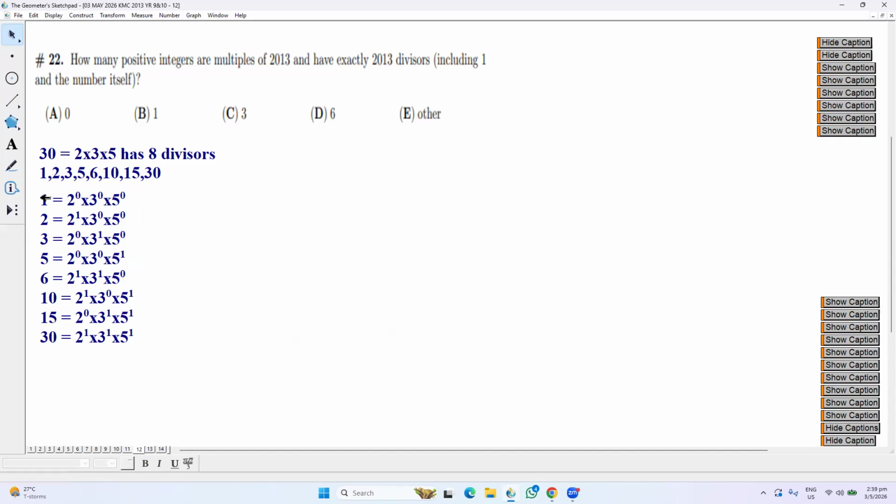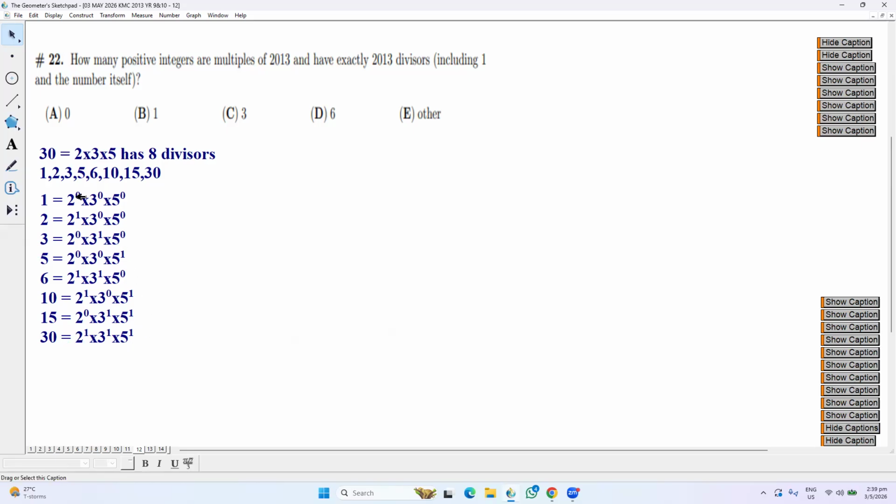The divisor 1 is because all the powers are 0. The divisor 2 is 2 power 1, divisor 3 is 3 power 1, 5 is 5 power 1. Then 6 has 2 and 3 to power 1, 10 has 2 and 5, 15 has 3 and 5, and 30 has all to power 1.